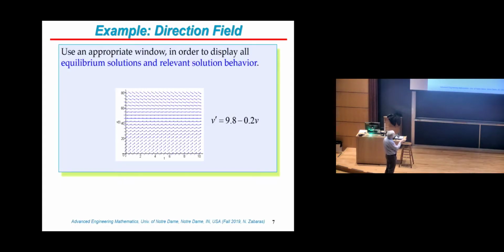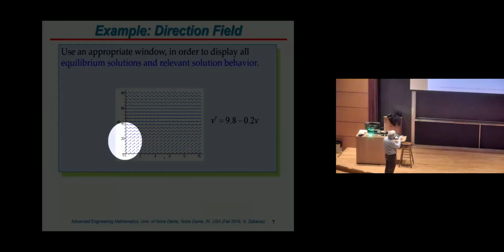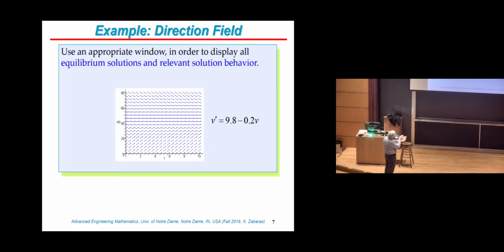So you take different values of v, so you take v equal to 0, and you can see the slope is 9.8, okay? So you draw this, and you notice here the slope is only a function of v, so it's going to be constant for all t, okay? Then you go to v equal 20, v equal 40, etc.